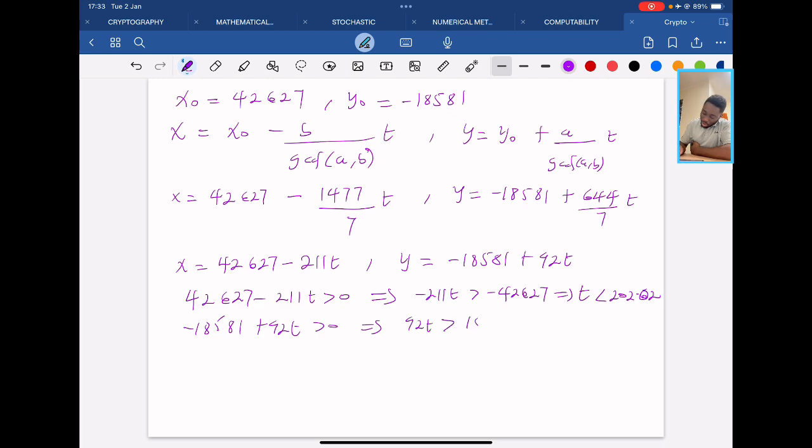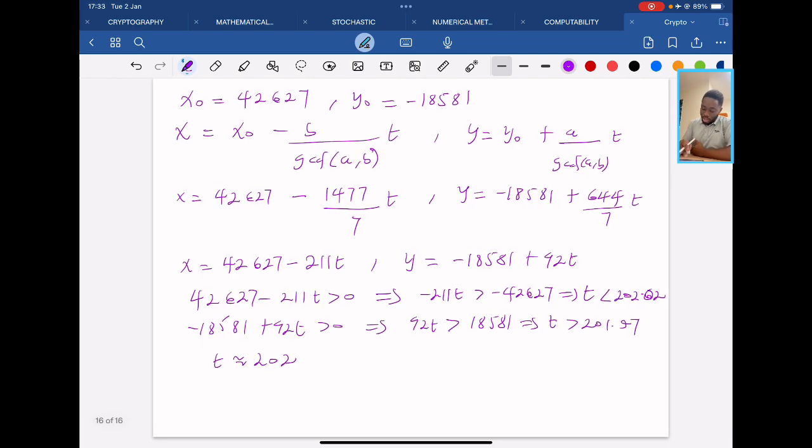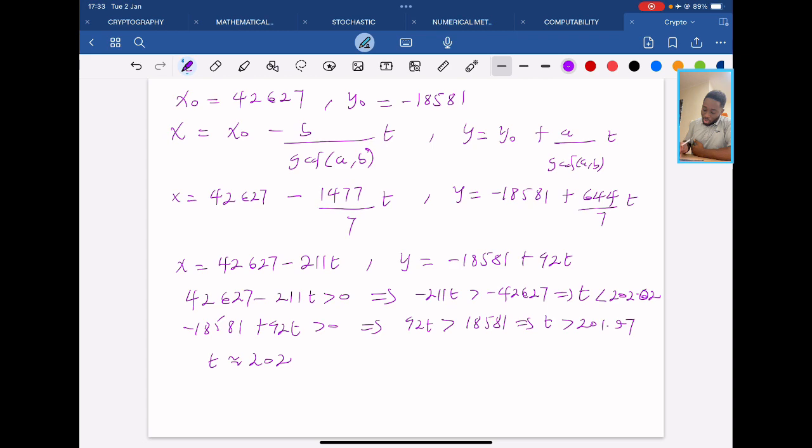So we are going to get 18581, which implies that t is greater than 201.97. So we have t to be less than 202.02 but greater than 201.97, meaning that t is approximately 202.